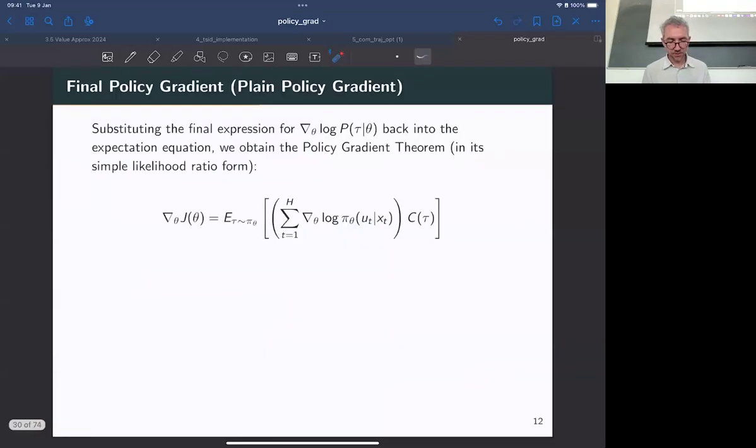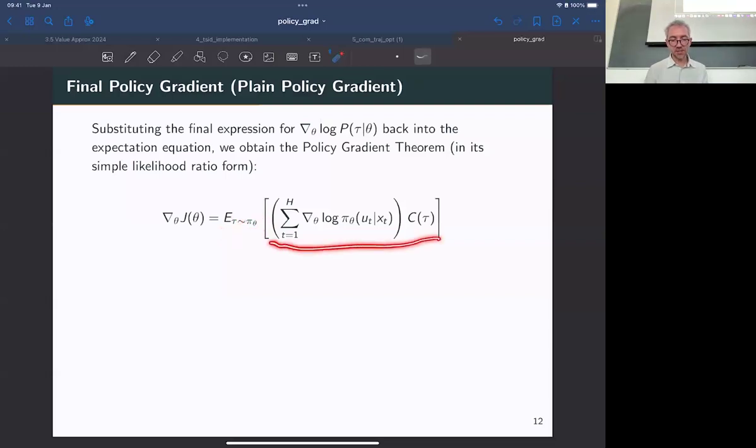So this is the gradient of the cost function that we are trying to minimize. Remember, this cost function is the expected cost over all possible trajectories, assuming we are using the current policy to act in the environment.